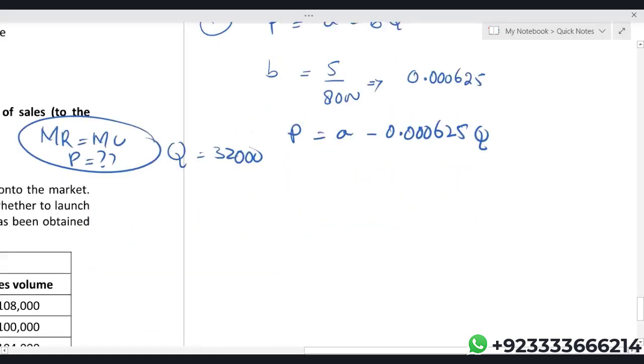Now the next step is to find A, the price where demand is going to be 0.